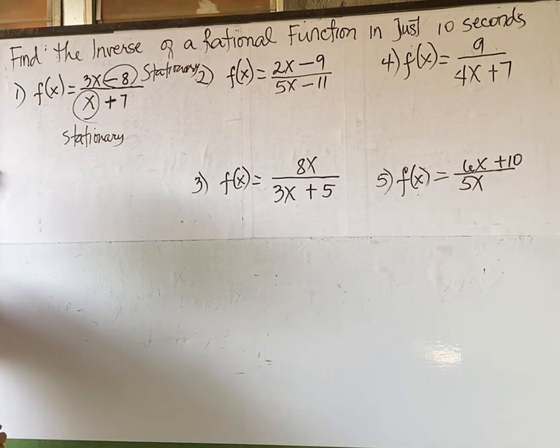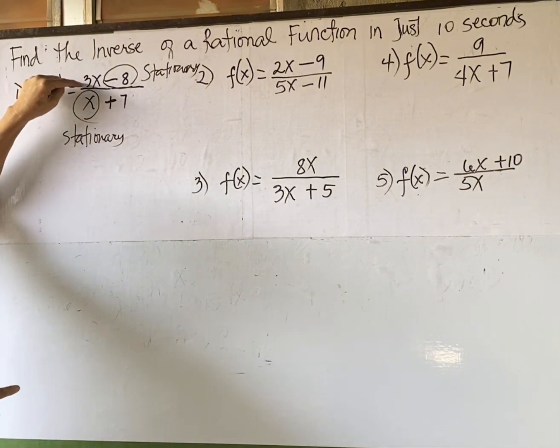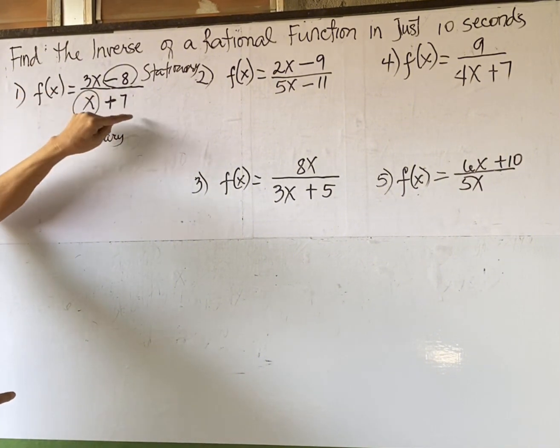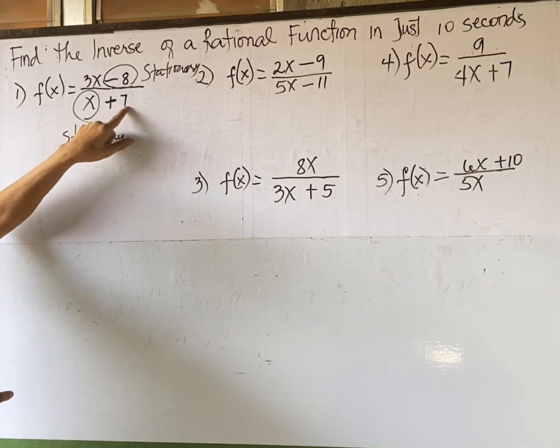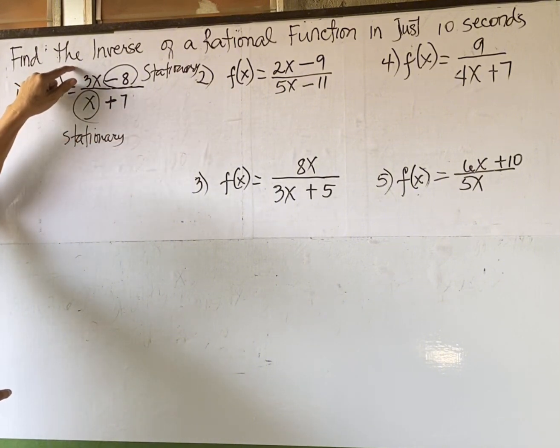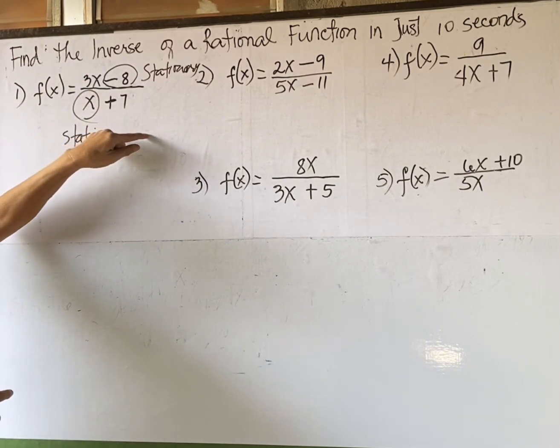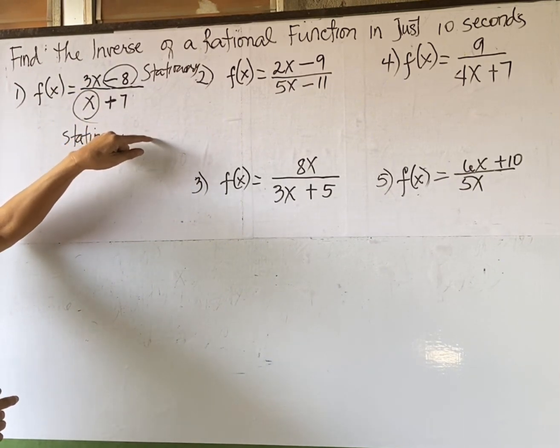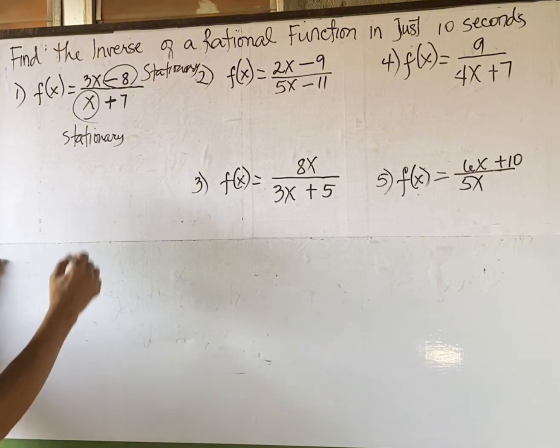And then we will be going to swap the linear term in the numerator and the constant term in the denominator. Meaning, this constant term will become the linear term in the numerator, and this linear term will become the constant term in the denominator, and then change the sign like this.